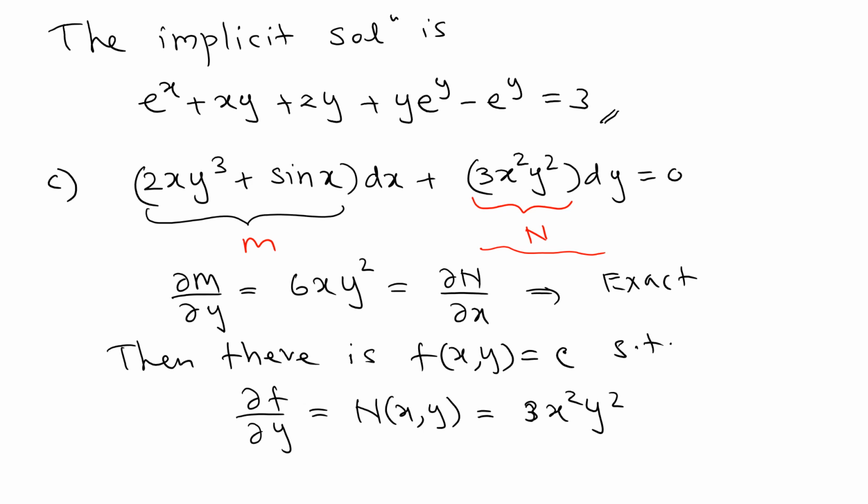Okay, and then what you do here is, since this is a derivative with respect to y, we integrate with respect to y. Why do we pick this one? Because you can say that's easy to integrate, it's easy to work with, less terms. So let's integrate.